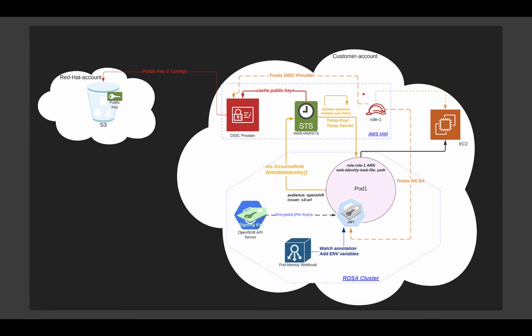If all is good, then temporary AWS credentials are returned to the client, that is, to the cluster operator pod, which can then use those credentials to invoke AWS resource APIs that this assumed role has the privilege to access. This is how STS operations happen for the core cluster operators of ROSA.